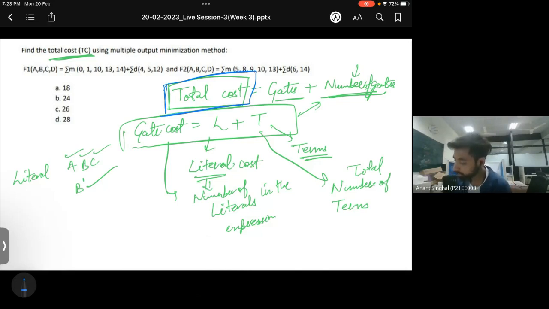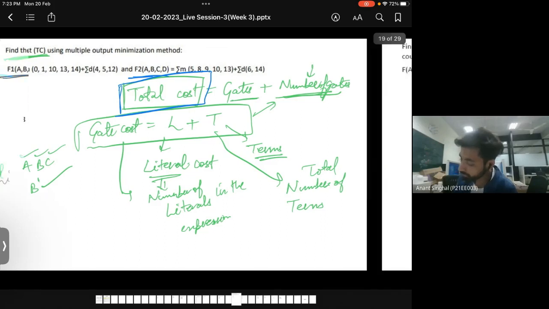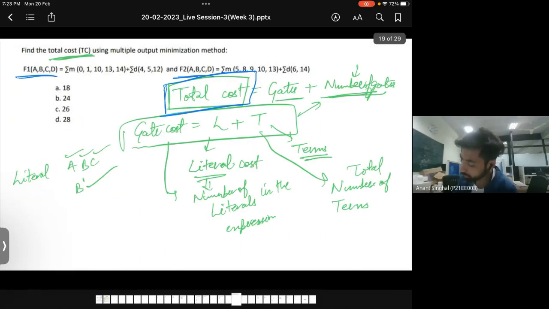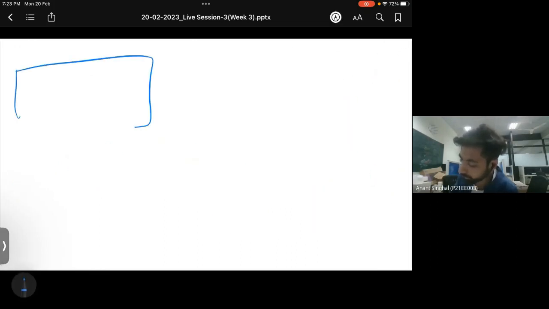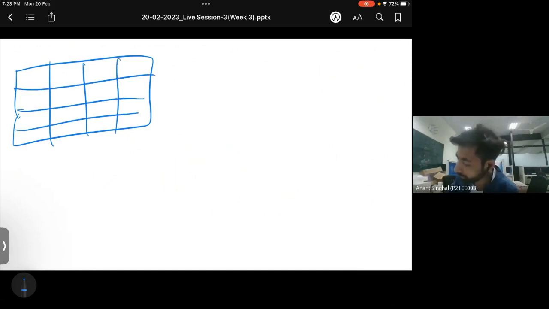So here there are two functions, F1 and F2. First of all, we need to realize those functions. Okay, let me try to do it here. You can also do it side by side. Let me write it here first.